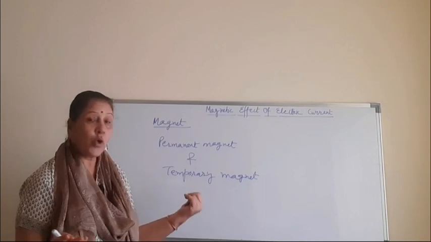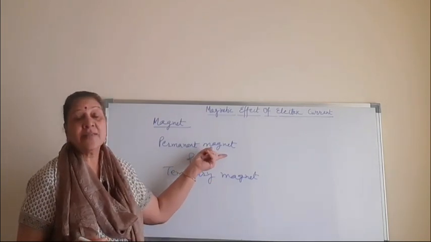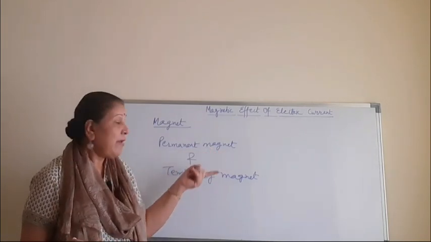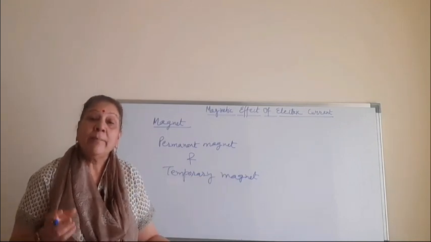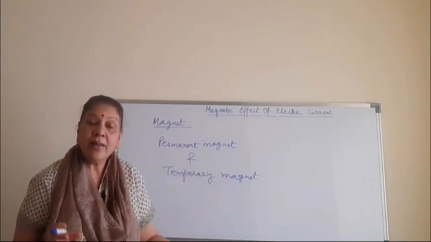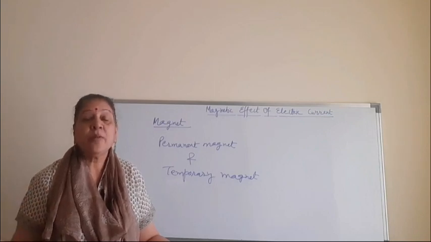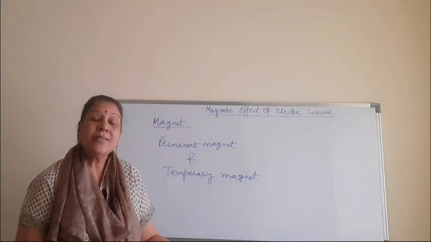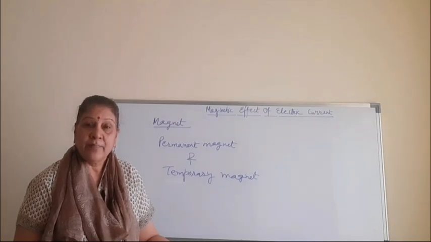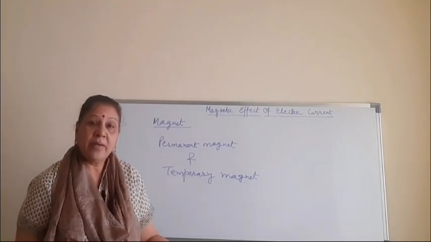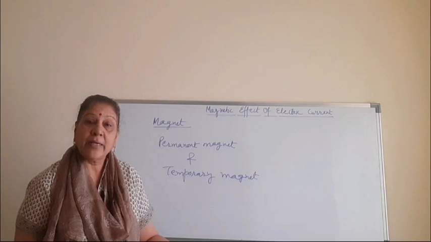Also, in a permanent magnet the magnetism property is permanent, whereas in a temporary magnet, the magnetism property lasts only till the electric current flows in it. As soon as we stop the flow of electric current, it loses its property of magnetism. So this is the main difference between a permanent magnet and a temporary magnet.